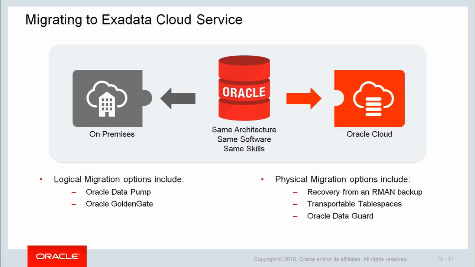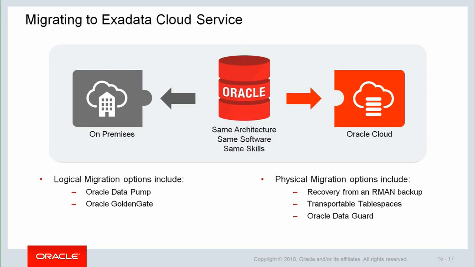So it's easy to migrate from an on-prem environment to the Oracle cloud environment. Okay, so based on your source database, you can choose a different migration strategy, and you can use a logical migration option if you have a source database that is running on a non-Linux environment.